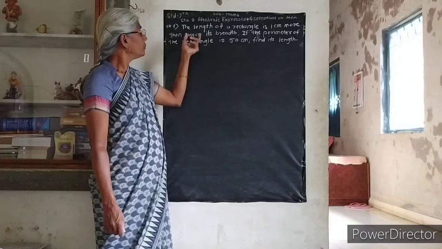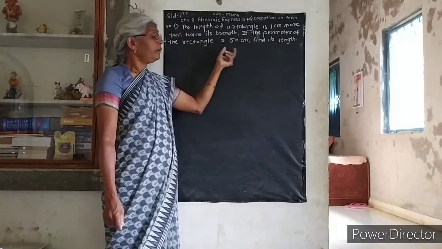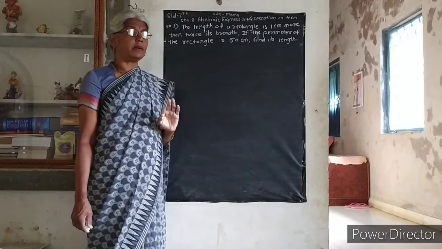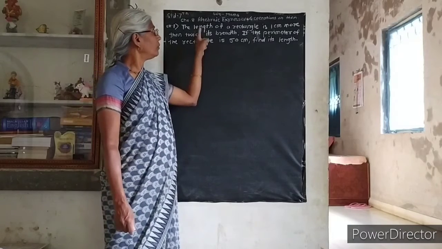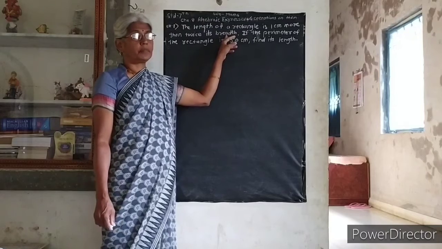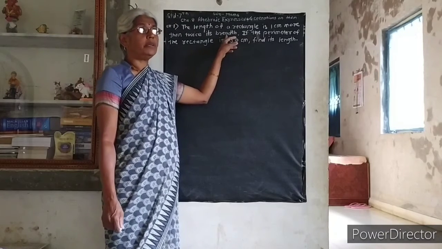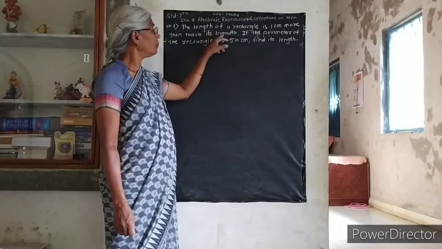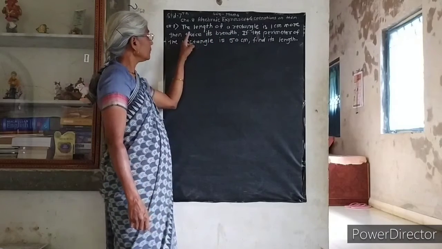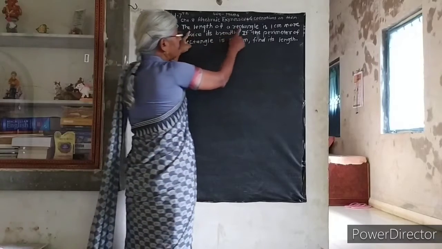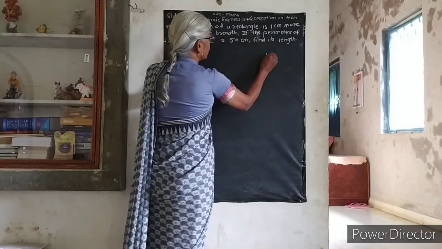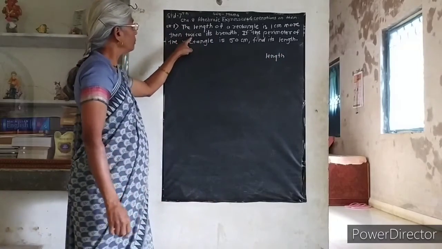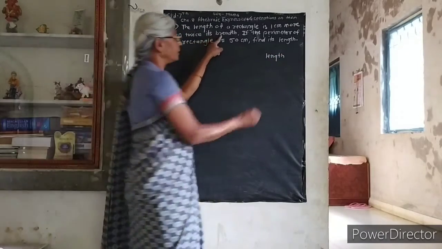Then third thing, we use a variable for the value of length and breadth. How do we choose the variable for length or breadth? See here, the length of the rectangle is 1 centimeter more than twice the breadth.